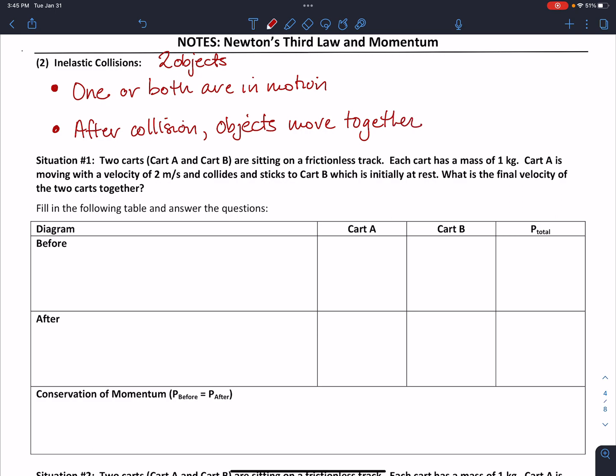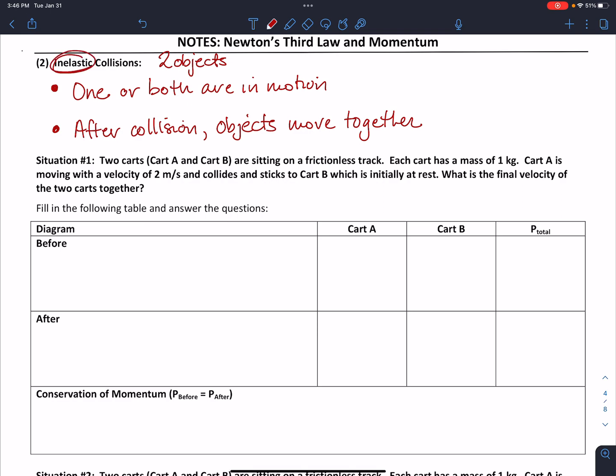If two cars collide and they get tangled up, so the metal impacts each other and they get connected, that would be considered an inelastic collision. We'll talk about elastic collisions later, but in that case, they just bounce off of each other. So if you read a problem and it says that after colliding, the objects get tangled up or they move together, then you know that you have an inelastic collision.